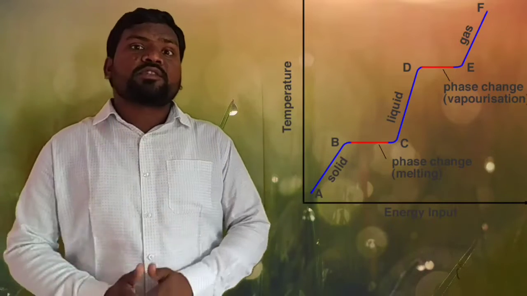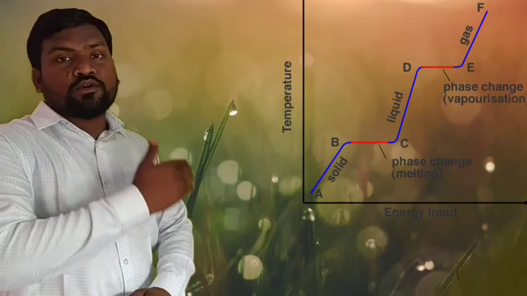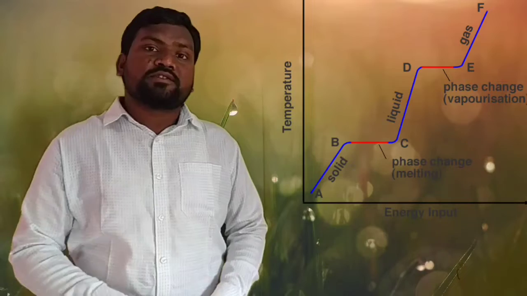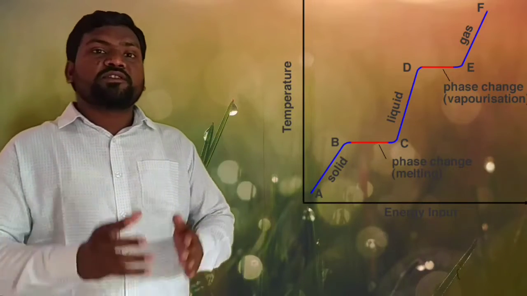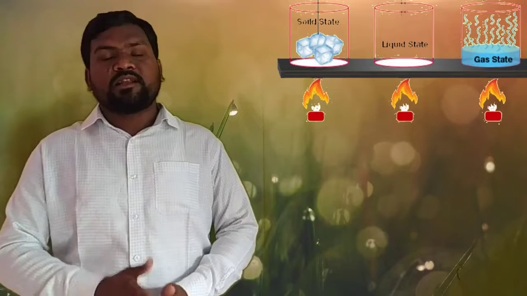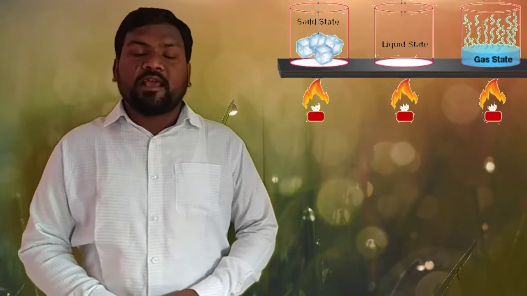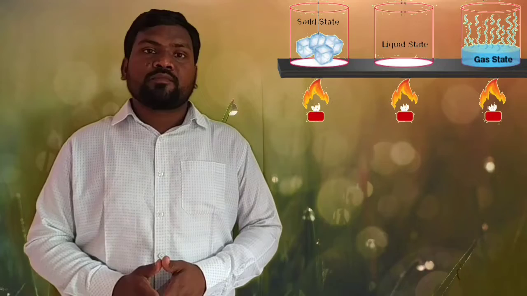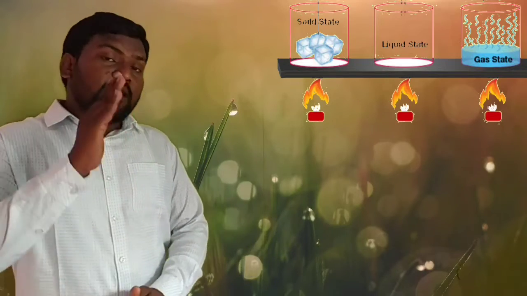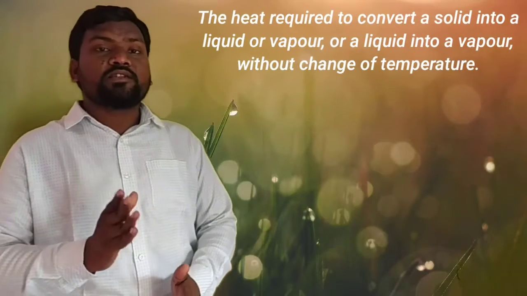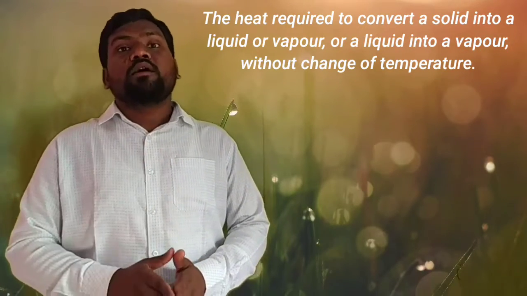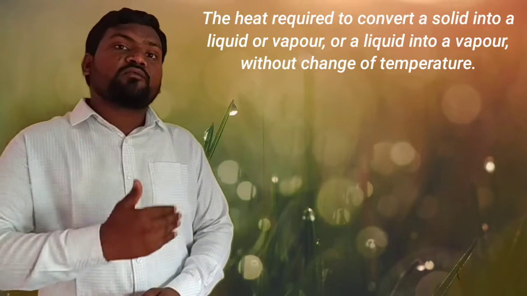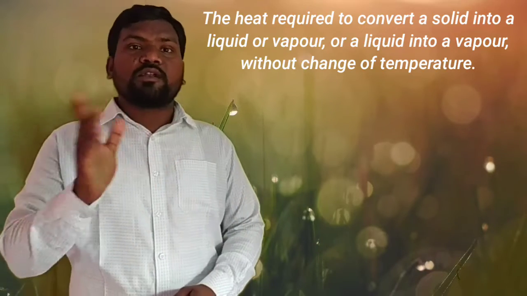At these two stages, the amount of heat energy absorbed by the system is utilized to change the state. So this heat is called latent heat. So what is latent heat? Latent heat is the heat energy absorbed by the material during the conversion of a state at constant temperature.